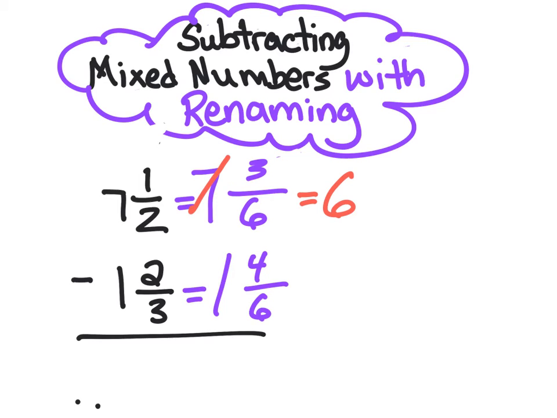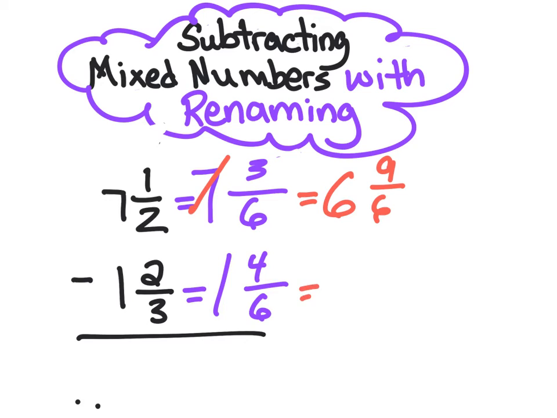So let's go back to that for a second. If I take away 1 whole from the 7, it becomes a 6. That 1 whole is equal to 6/6, but I already have 3/6. So that means I rename this as 6 and 9/6.